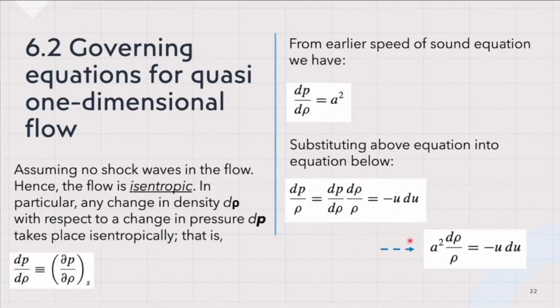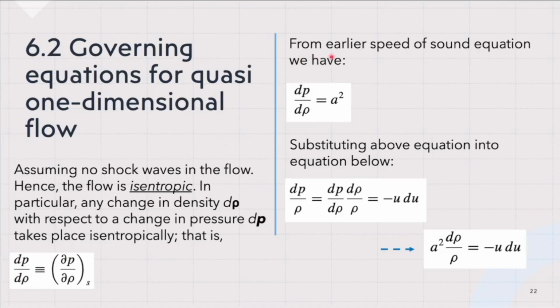What we can assume is that there is no shock wave in the flow, where the flow is isentropic, in particular any small change in the density with respect to the change in pressure dp takes place isentropically, which is written by this equation.